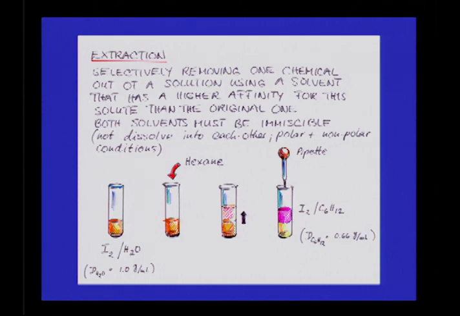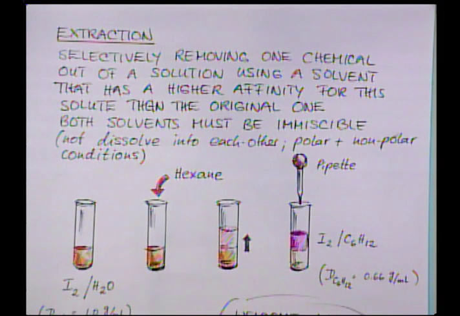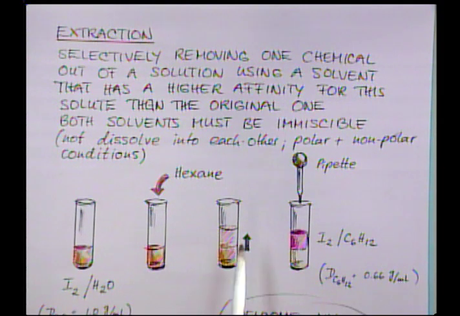You see the less dense liquid will be the top layer of the test tube here, and the bottom will be the more dense liquid. Notice when they're not miscible, like oil and water, we see a phase difference. So here we have iodine in an aqueous solution, water-based solution, and we add an organic solvent, hexane, to it, and we can see already some migration of the iodine molecules into the organic solvent.